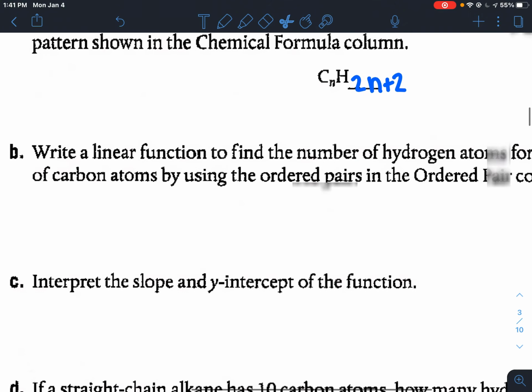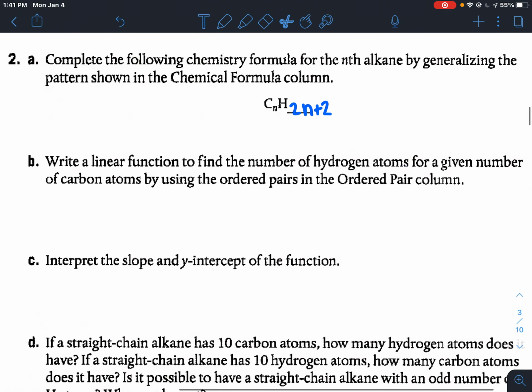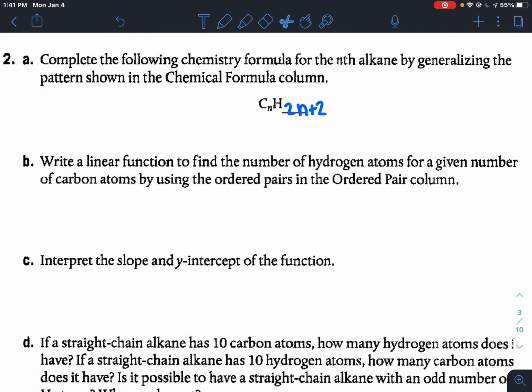So if I wanted to write a linear function to find the number of hydrogen atoms for a given number of carbons using the ordered pairs in the ordered pair column, basically I'm taking what we just did, but instead of x and y, I'm assigning variables to it.